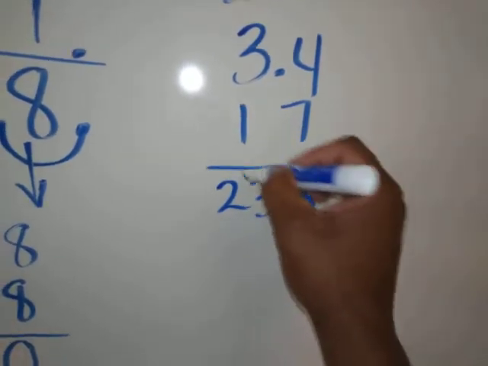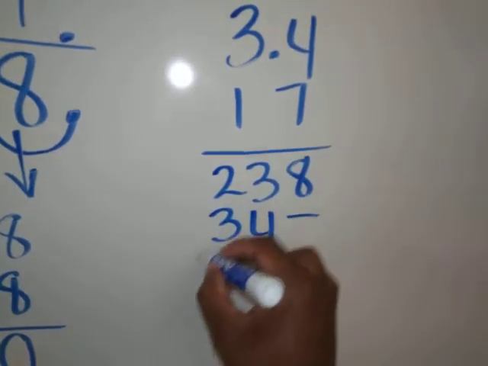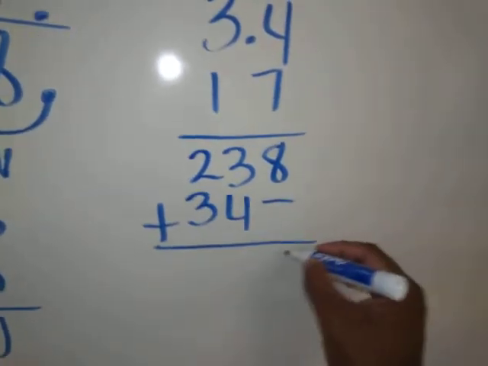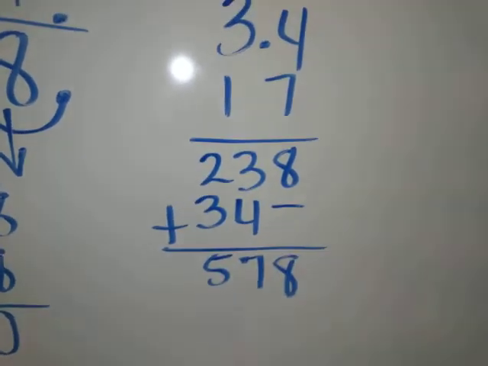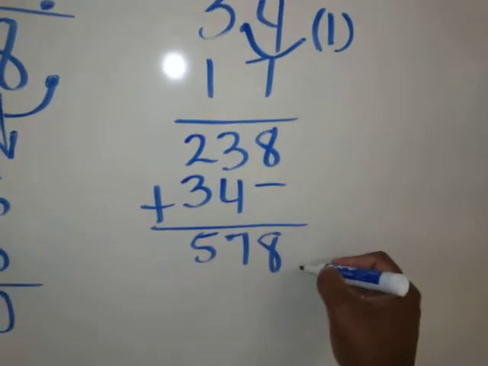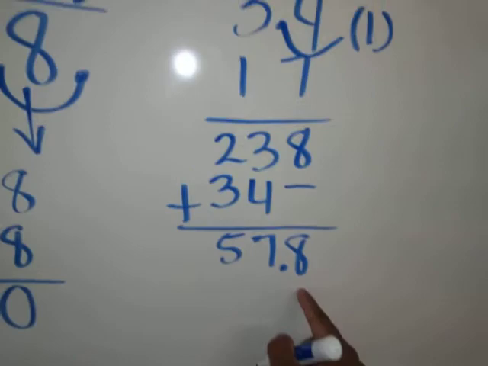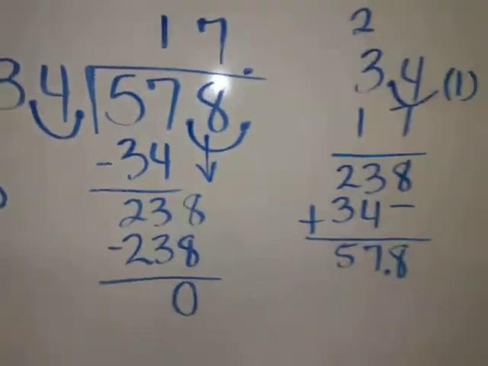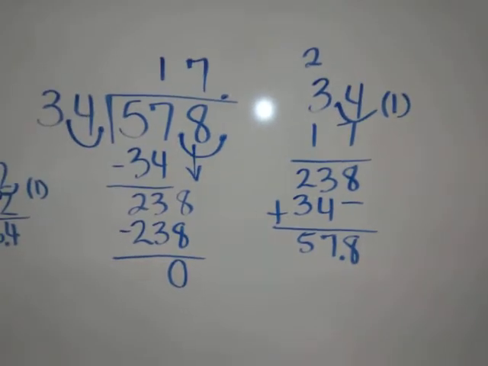Placeholder here, we're going to the tens place. 1 times 4 is 4. 1 times 3 is 3. Add this. 8, 7, 5. 1 place over. Do the same thing in your product here, 1 place. 57 and 8/10. 57 and 8/10. So it checks out. Our answer of 17 as our quotient is correct.